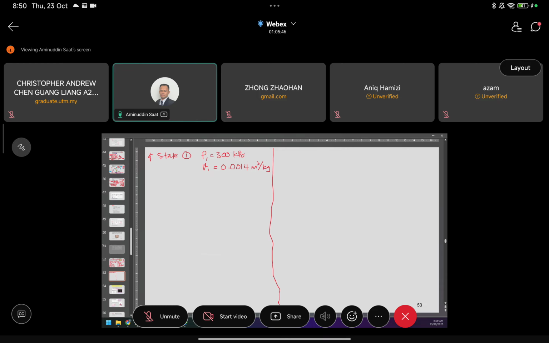Then you can find the phase. You have two intensive properties.